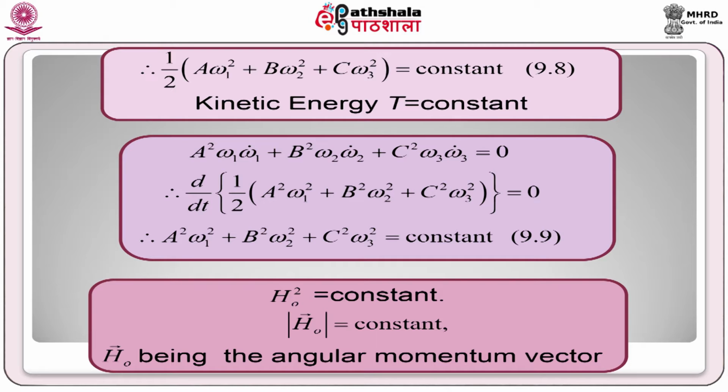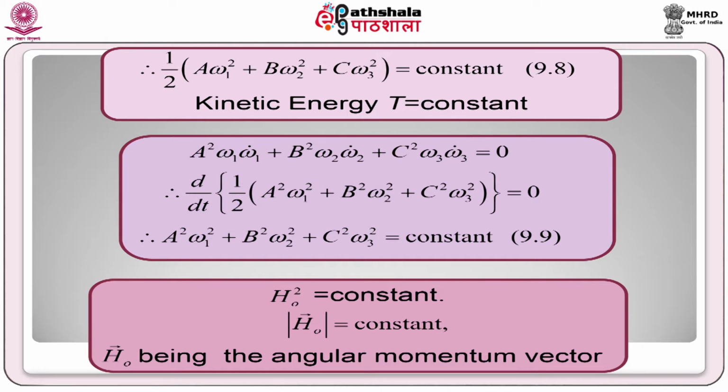Multiplying the second equation, that is 9.7b, by capital B into omega 2, 9.7c by capital C into omega 3, and adding, we get capital A square into omega 1 dot plus capital B square into omega 2 dot plus capital C square into omega 3 dot equal to 0.